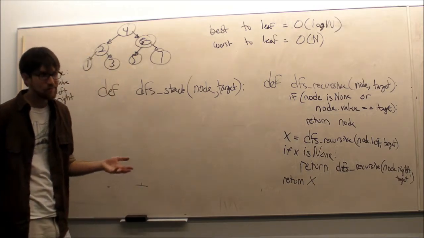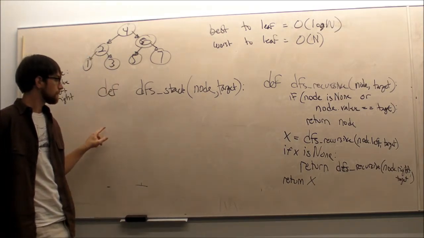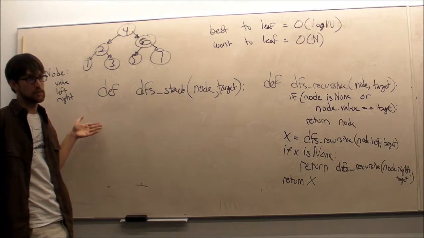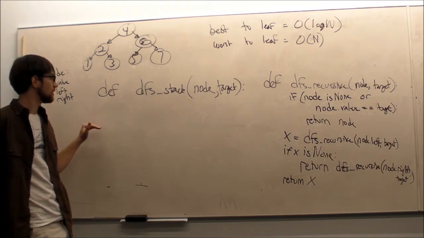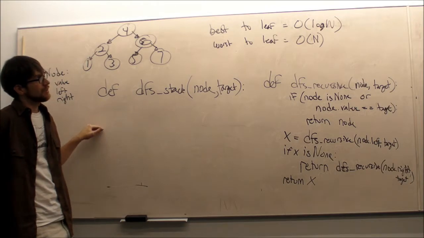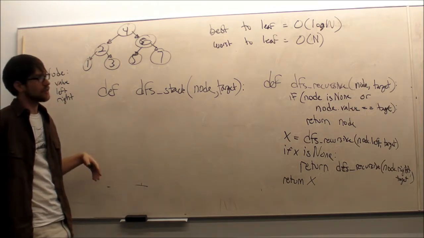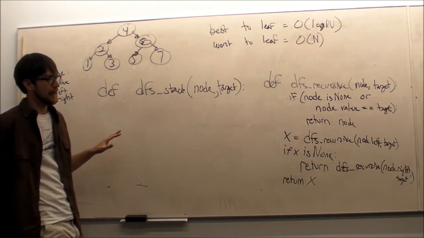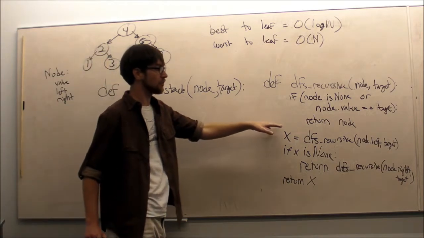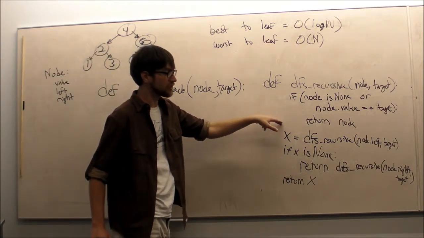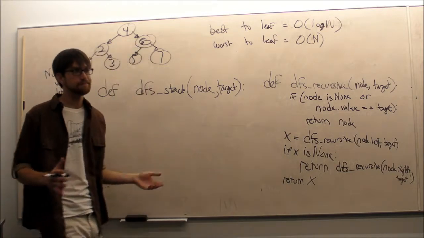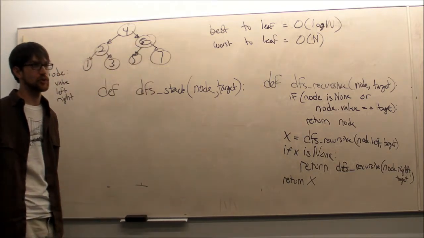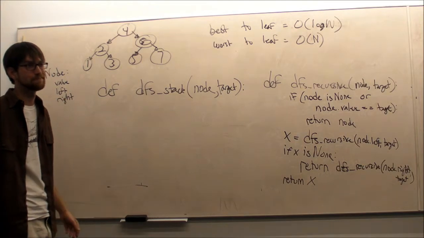And so it does save you a little bit in terms of what it costs to put things on the stack, which costs more space, and generally it costs time to put things on the stack as well. I can't remember the nitty-gritty about how much it will cost versus the additional cost of doing more if statements. So they're roughly equivalent. This one is just shorter lines of code, so I wrote it that way.